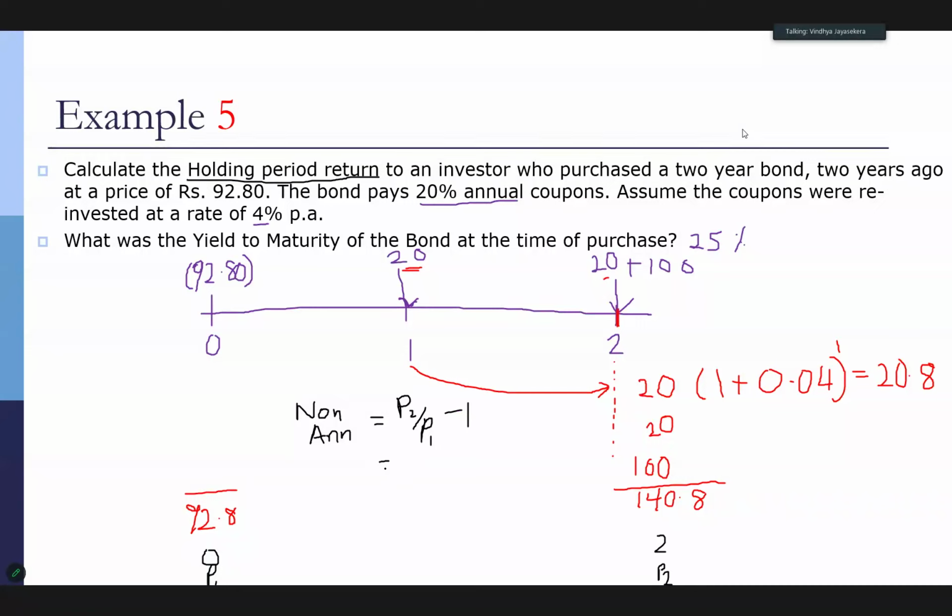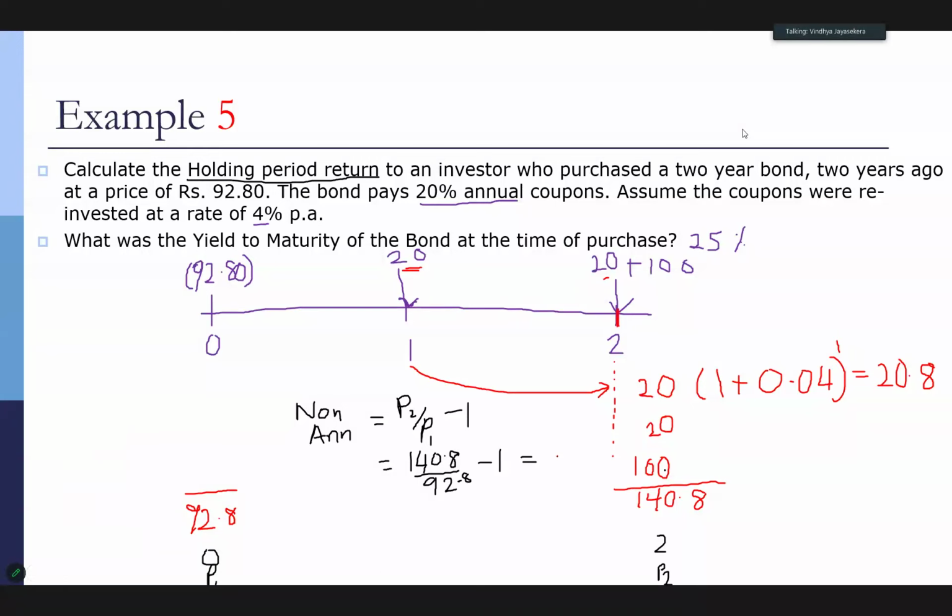Which is 140.8 divided by 92.8 minus 1. How much is that? 51.72.